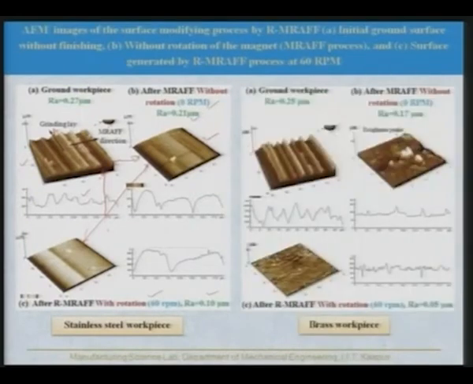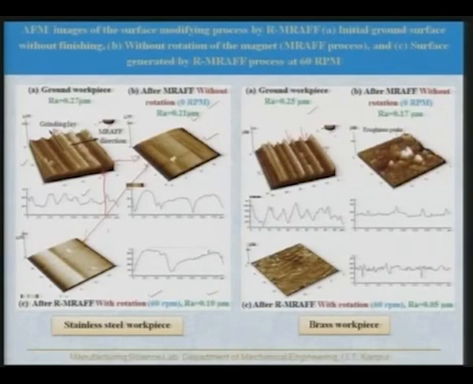Now, this was the case for stainless steel, which is quite hard, and in case of brass again we took a workpiece with 0.25 as the initial Ra value, and these are the directions of the grinding lay, and MRAF will definitely be normal to this one.